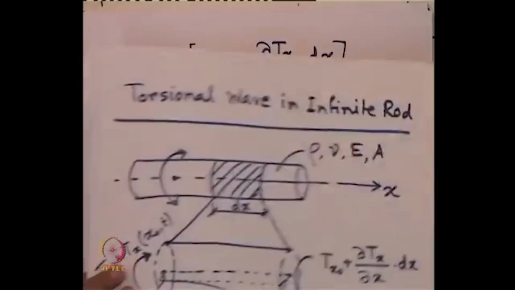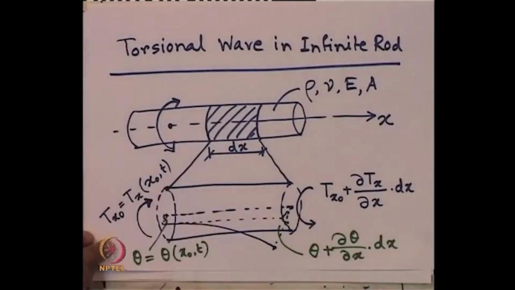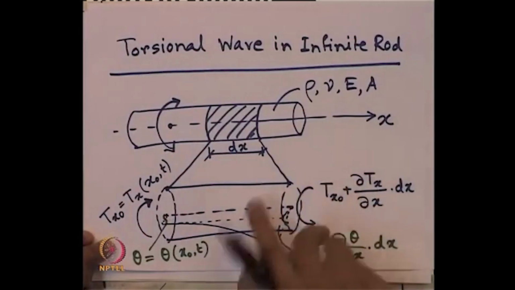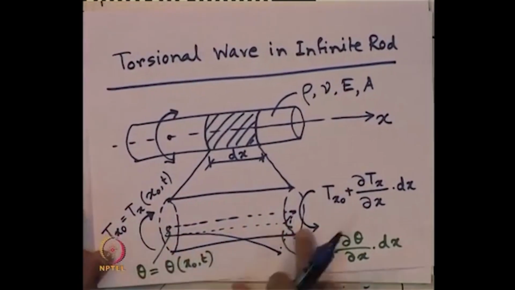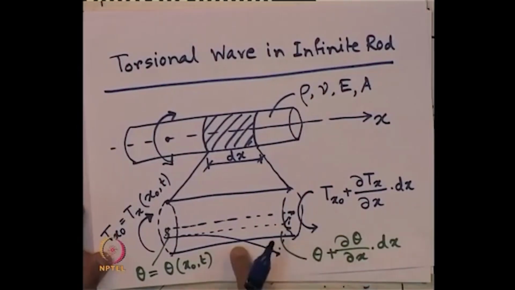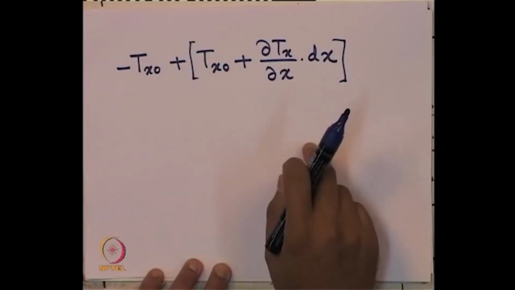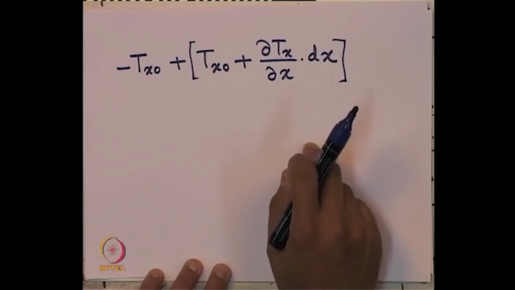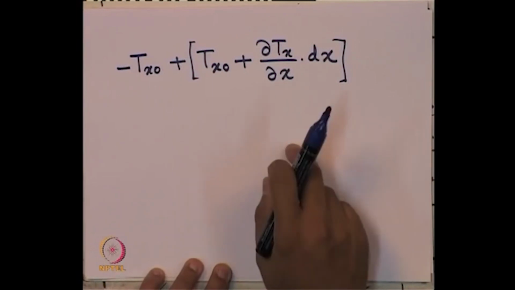Let us go back and look at here. This was clockwise, so I am taking negative sign for this. This was anticlockwise, I am taking positive sign for this. So, the net torque which is acting on this element is nothing but this one.